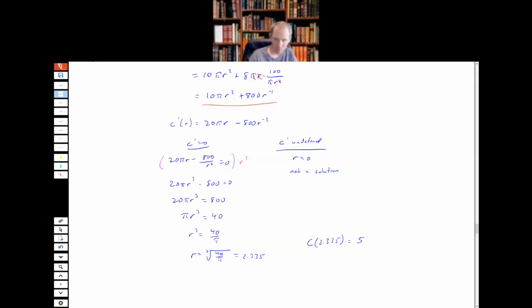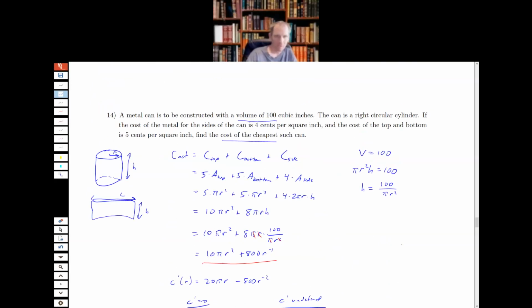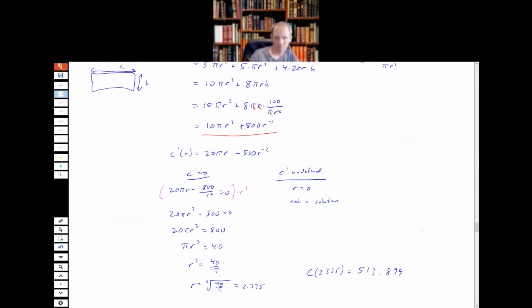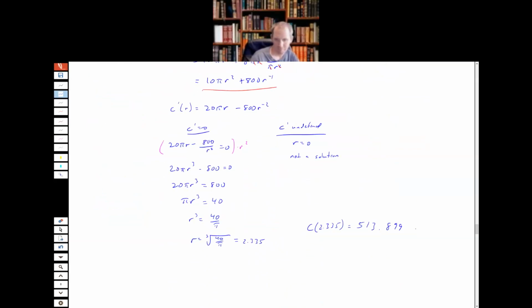Okay, so we get 513.899, and my units here, the sides were written in cents, so this is cents. Okay, or we can write it in dollars as $5.14.